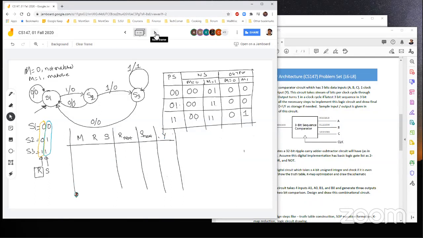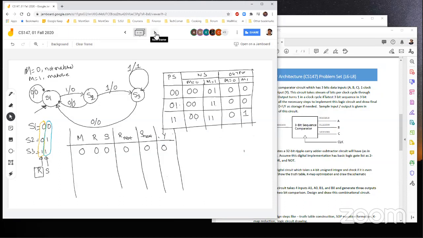So we take the present state 0, 0 with M equals 0. My next state is 0, 0, and Y is 0.